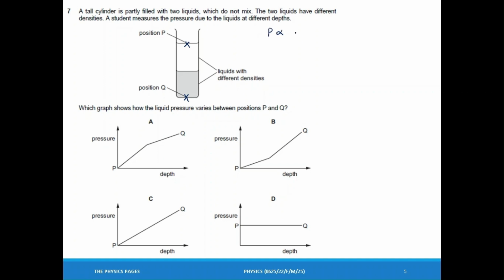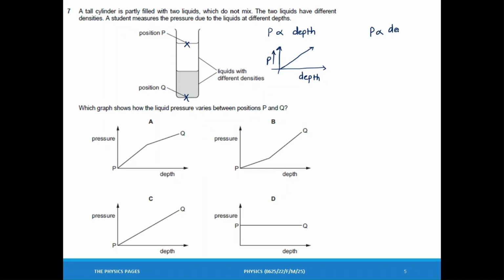Pressure is proportional to the depth. As you go down inside the liquid deeper, pressure increases. So this is a simple scenario. Pressure and depth are proportional. But there is also another thing. Pressure and density are also proportional.